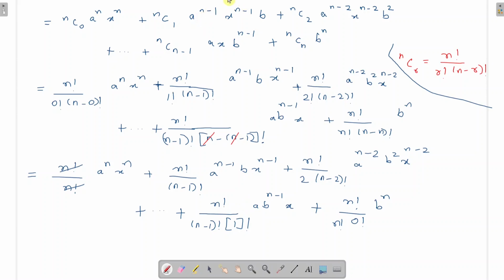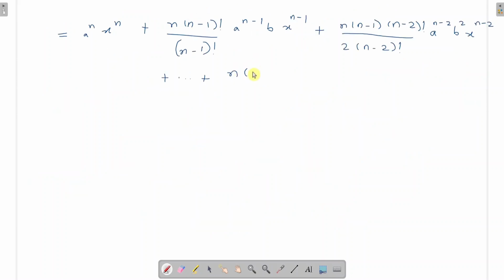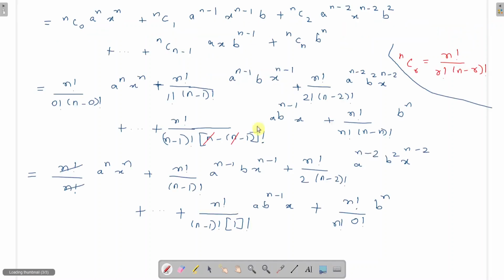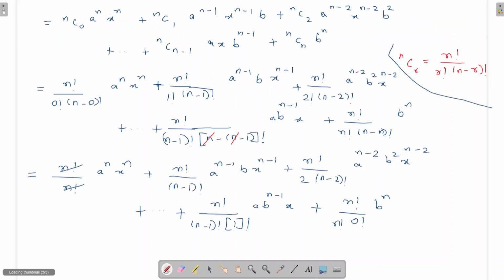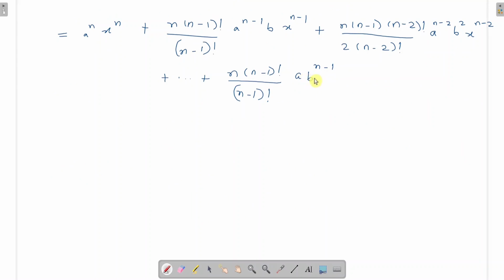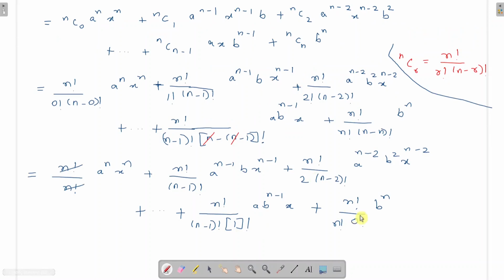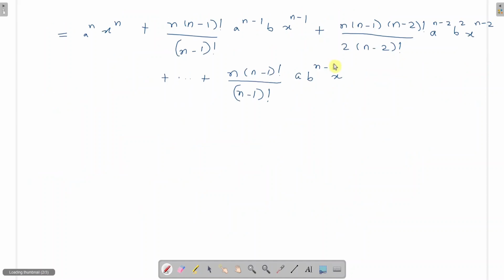Okay, so n times (n minus 1) factorial, then divided by (n minus 1) factorial, a b raised to n minus 1, x, a multiplied by b raised to n minus 1, x. Okay, then this n factorial will get cancelled, and what you'll get is b raised to n.